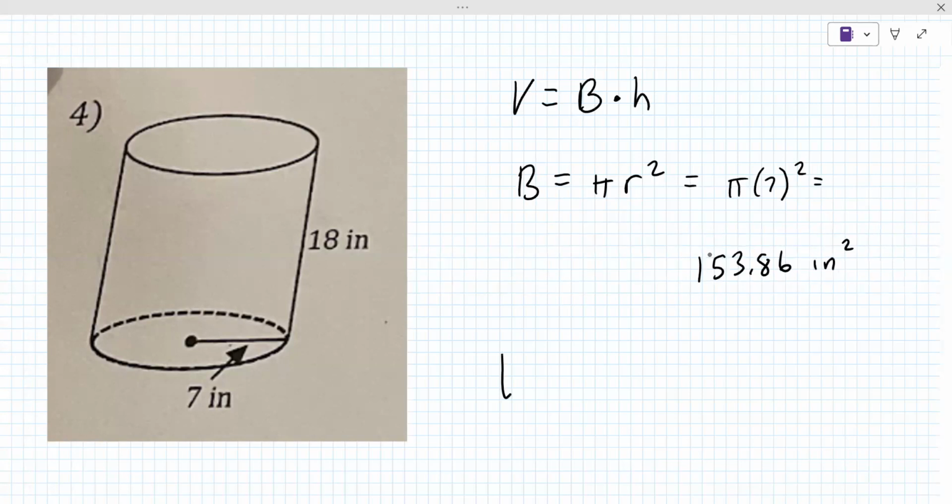And then for that, you need to multiply by 18, and then give me the final answer with the correct units, please.